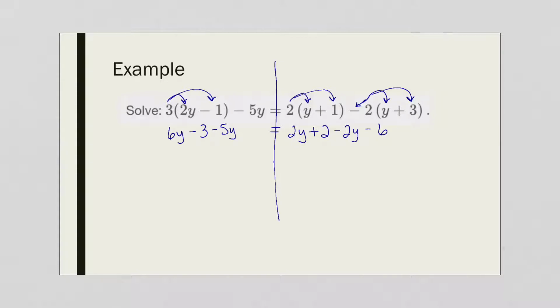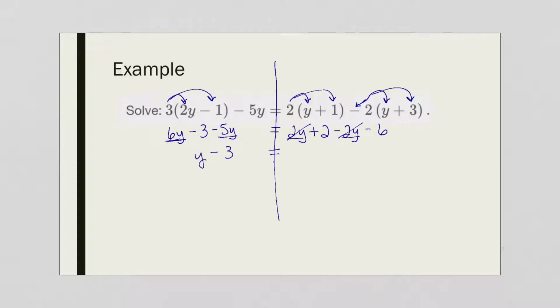Now, you want to combine your like terms on the left side, and you want to combine your like terms on the right side. So right here, 6y minus 5y, and I get just plain old y. This minus 3 doesn't have anything to combine with, so I'm just rewriting it. Now this, check this out. 2y minus 2y, those create 0.